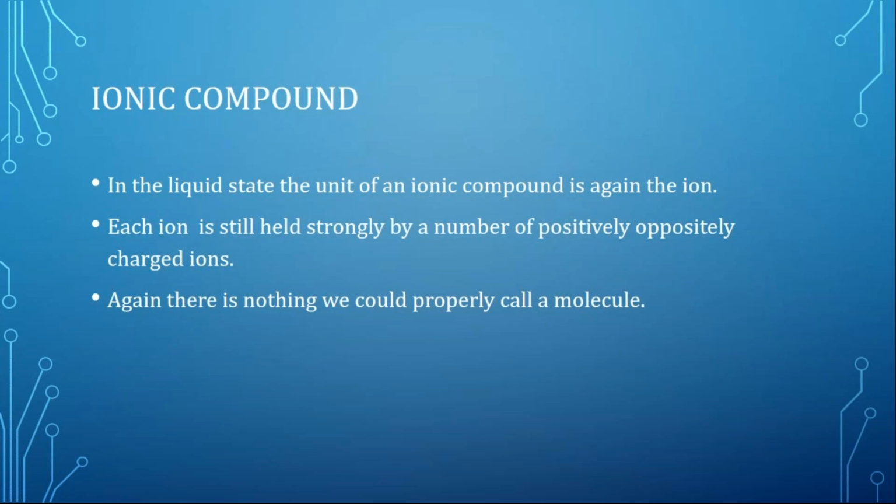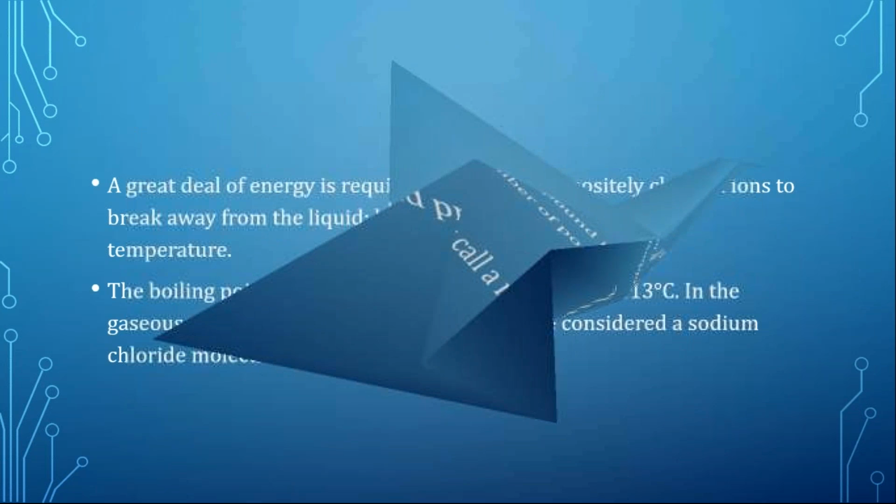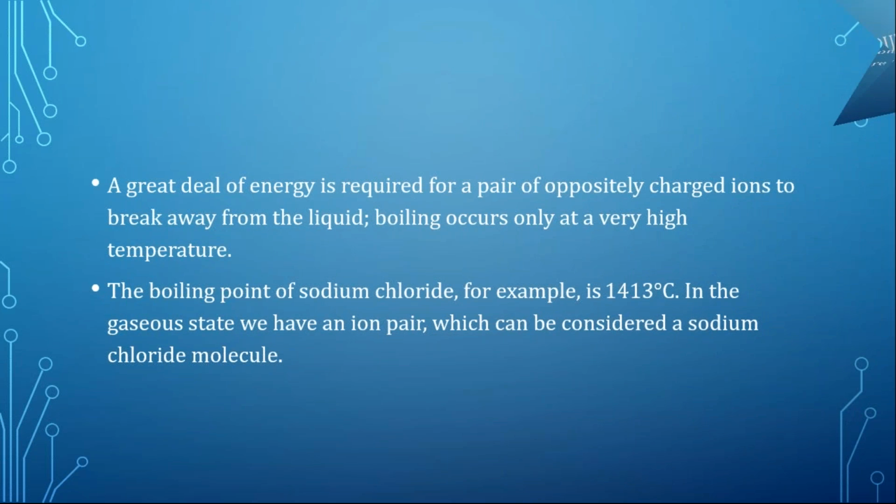So a great deal of energy is required for a pair of oppositely charged ions to break away from the liquid. Boiling occurs only at a very high temperature. The boiling point of sodium chloride, for example, is 1413 degrees Celsius. In the gaseous state, we have an ion pair which can be considered as a sodium chloride molecule.